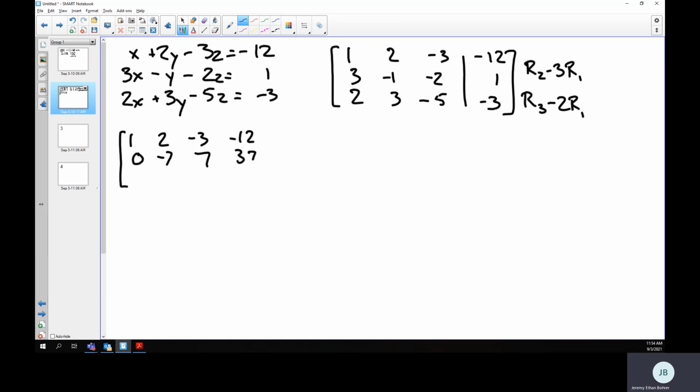Now we subtract 2 row 1 from row 3. So 2 minus 2 is 0. 3 minus 4 is negative 1. And negative 5 plus 6 is positive 1. Negative 3 plus 24 is 21.